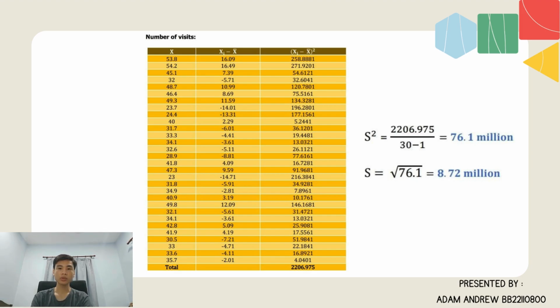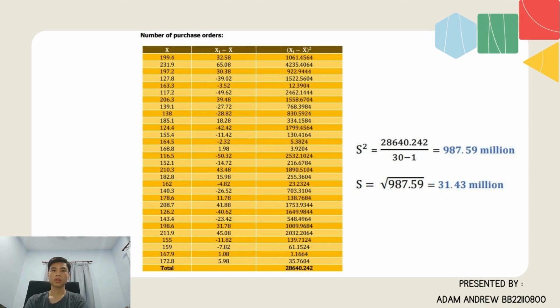And then we square root the answer to get the standard deviation of 8.72 million. For number of purchase orders, we repeat the same steps and get the variance of 987.59 million and square root the answer to get the standard deviation of 31.43 million.